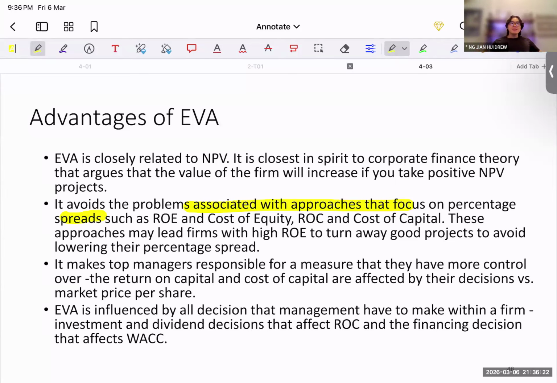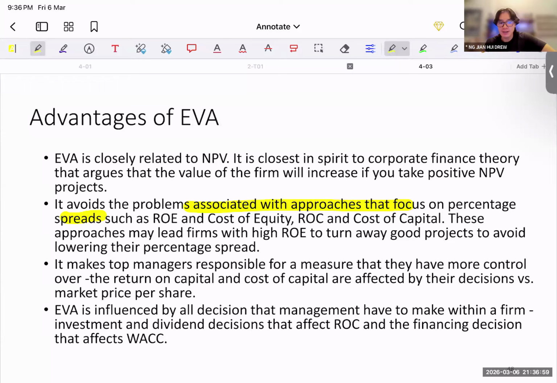When you're determining whether you should take on a project or not, in most cases, people just look at the return on this project and the cost of the project, right? The return minus the cost is called the spread, and it's what you use to determine whether you can or cannot take on the project.